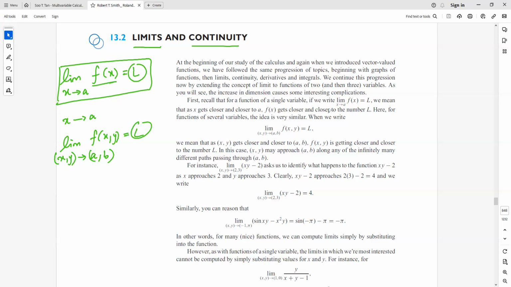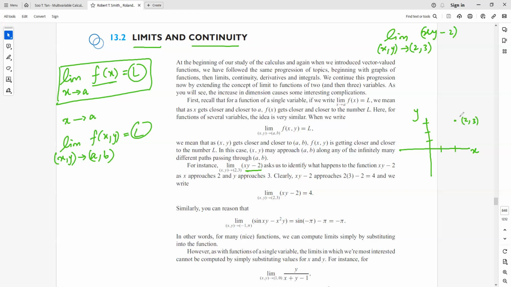For instance, if we have this problem, limit as x comma y approaches 2 comma 3, and the function is xy minus 2. What does it mean? We can see it in the xy coordinate system. Let's say 2 comma 3 is a point on this Cartesian coordinate, right?